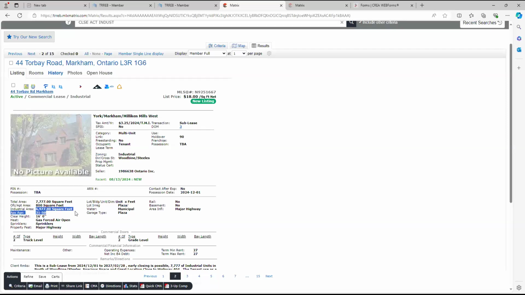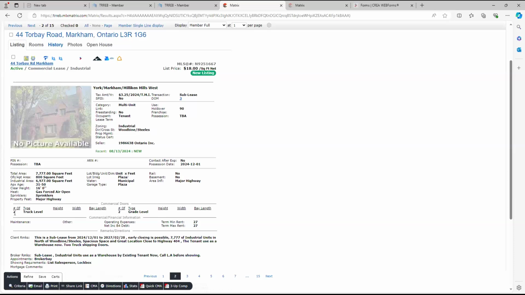If your client is looking for something like this, that's good to go, right? Also the ceiling height is only 16 feet, so maybe some people say, oh, too low, I need a higher ceiling. And the good thing is the truck-level loading. They have two loading docks, so that's a good thing for some clients as well.